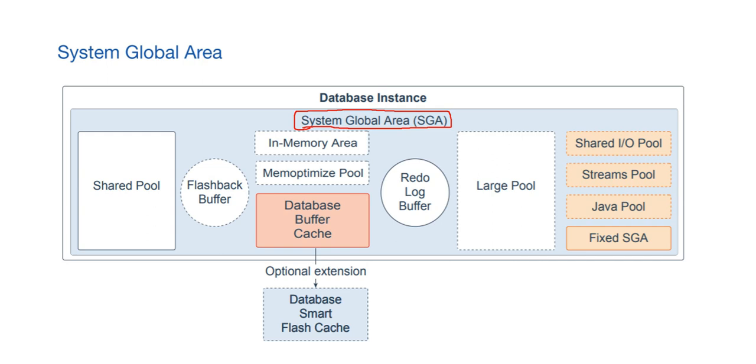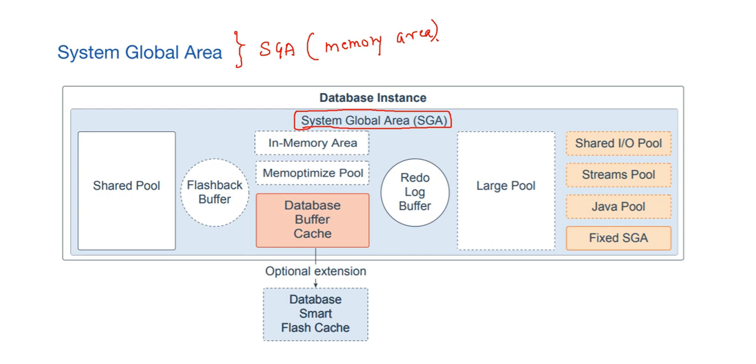But today we are going to learn about the system global area, what we call SGA, and SGA is a memory area. You can say the system global area is a memory area that contains data and control information for one Oracle database instance.